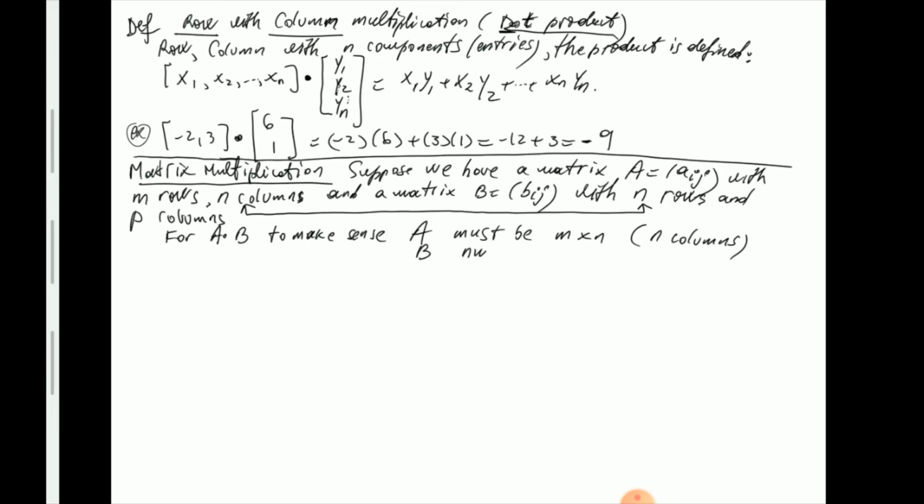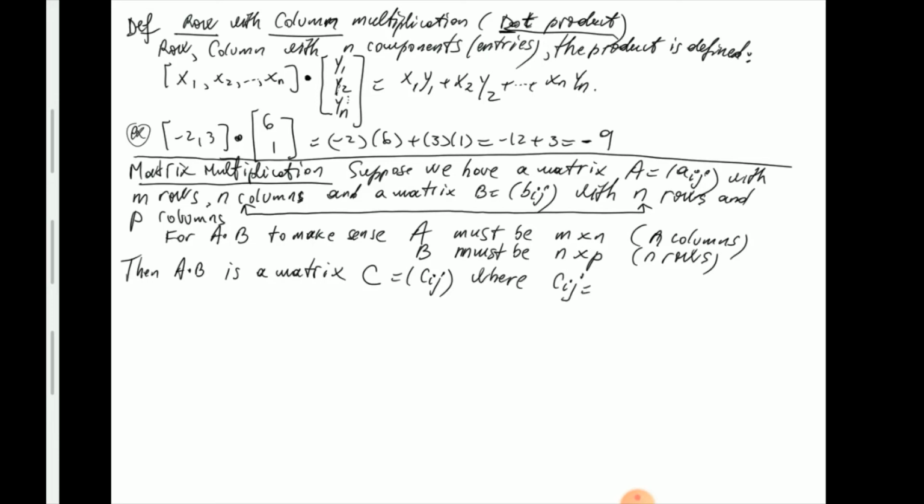And B must be n by p, n rows, and it doesn't matter the number of columns for B. It's just that the columns of A must be in agreement with the number of rows for matrix B. So if these two matrices are in that configuration, then A times B, the product, is a matrix C given by the generic element Cij, where Cij is obtained by multiplying row i of A with column j of B.